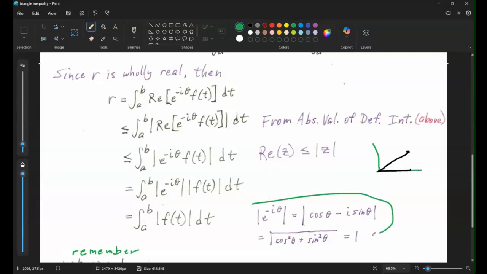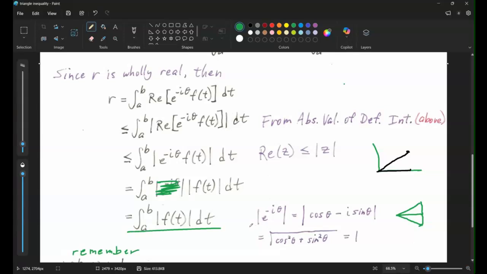So if you think of this, it doesn't matter that sine is negative. If you do your cosine and do a positive sine or a negative sine, your modulus is still going to be the same. And so this would be the modulus, and that would be 1. So we can ignore this and we just get this.